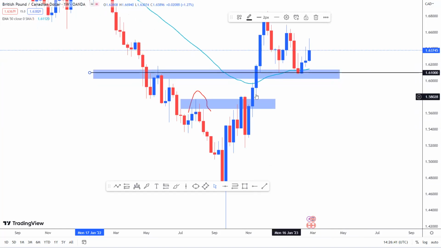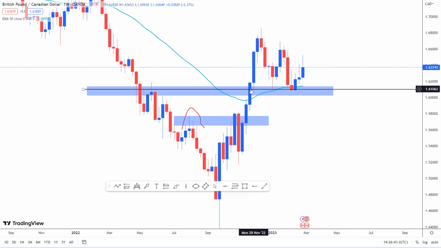So we had a break of the previous resistance, now turned a new support, because very clearly we are now above the level, and the previously broken resistance becomes a new support. And also we have a clear weekly break and retest of the 50 exponential moving average.